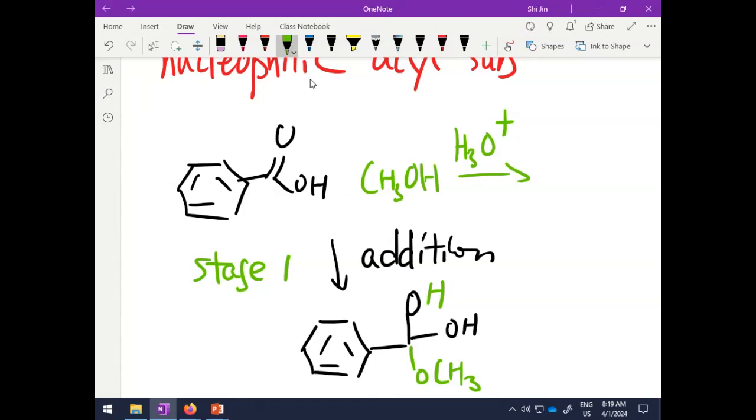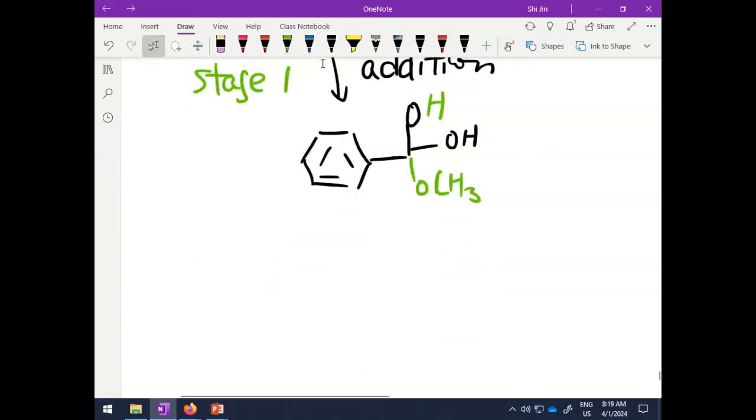Usually the first stage is slower than the second. I'm not going to make an absolute statement, but in this course, you can safely assume the first stage is the slow one. Then the second stage, we can look at the outcome.